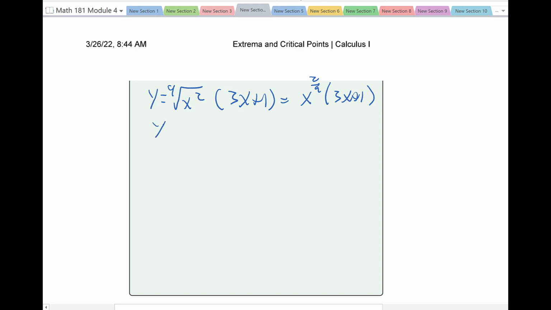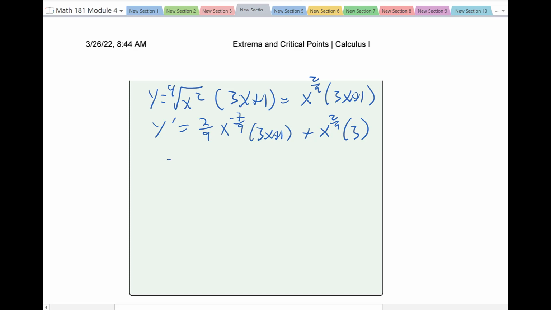So our y prime is going to be 2/9 times x to the negative 7/9, I subtract 1 from that power, times the 3x plus 1, plus x to the 2/9 times the derivative of 3x plus 1, which is 3. Okay, that's the product rule.